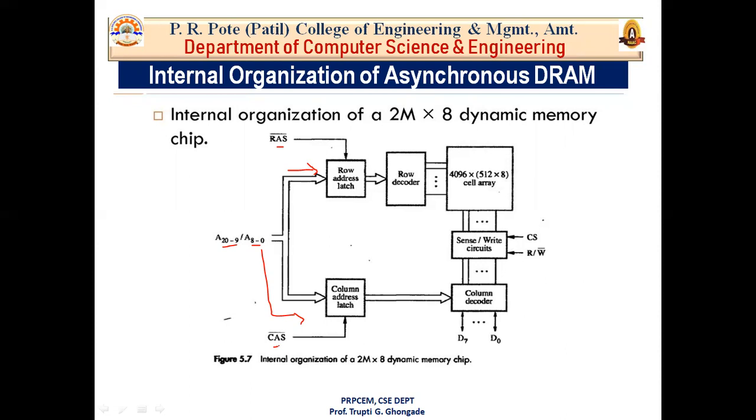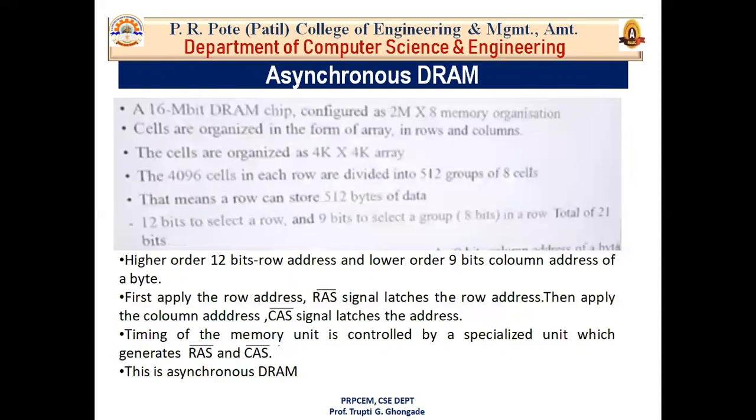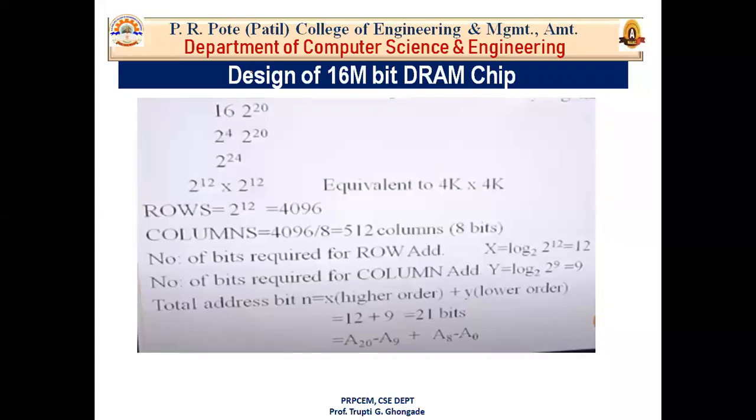Next, now design a 16 megabit DRAM chip, that is 2M by 8 memory organization. This is the 16 megabit DRAM chip internal organization.